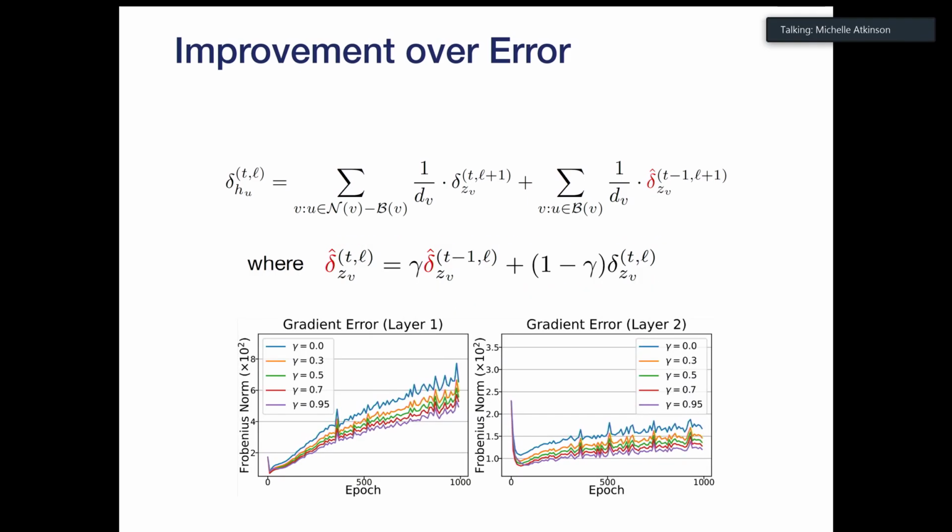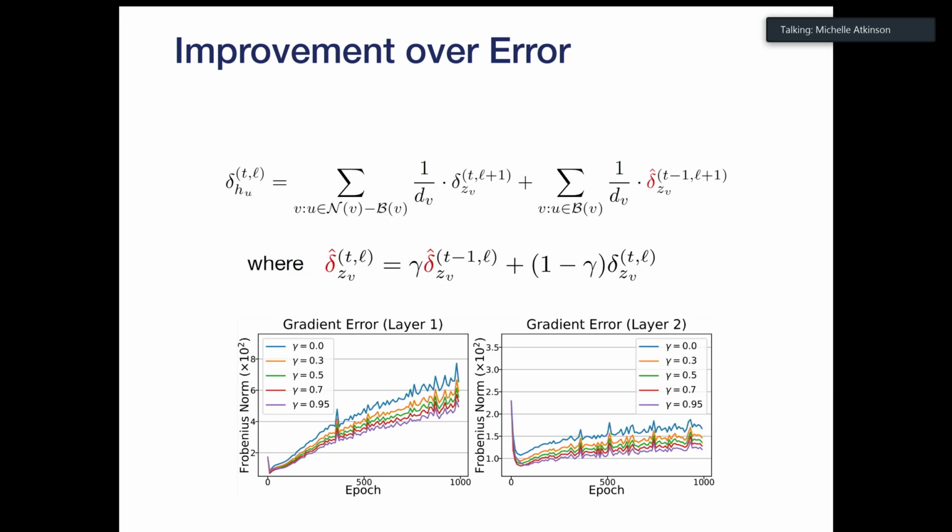And here in this slide, we show some results. The blue curves demonstrate the error of the original PipeGCN, and the other curves demonstrate the result of our proposed smoothing method with different parameters.